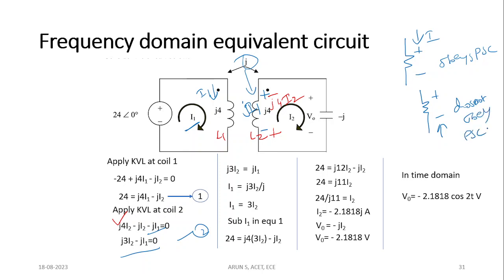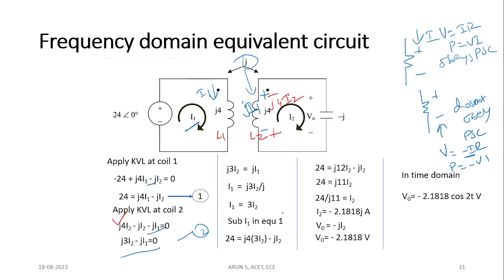If it obeys, then V equals IR and P equals VI. If it does not obey, V equals minus IR and P equals minus VI. These are things you have to remember. That is why the negative sign is written if it is not obeying. So if I apply Ohm's law, I use a negative sign when it does not obey the passive sign convention.